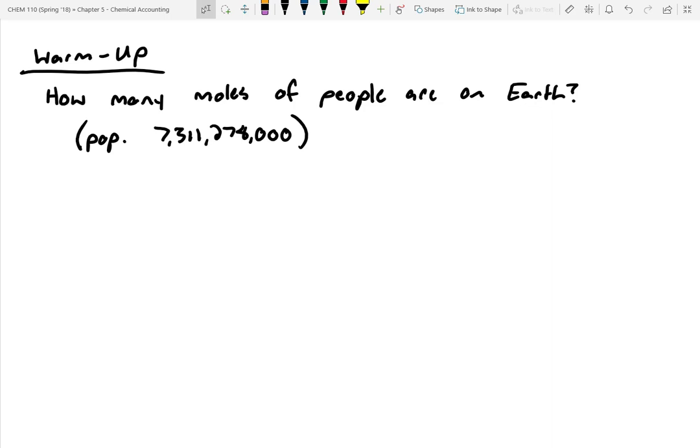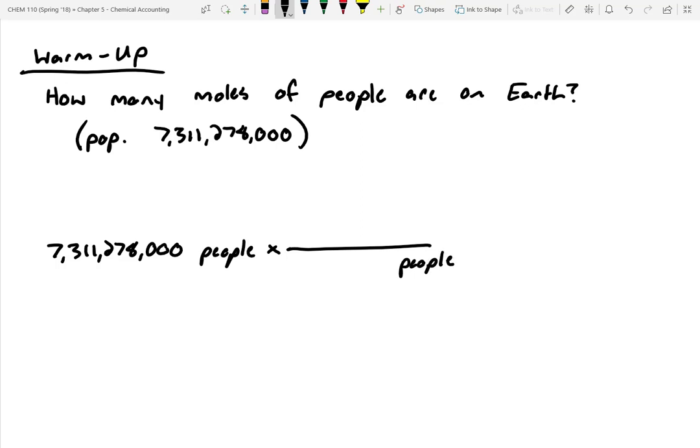Let's try it. So anytime you're doing unit conversions, you always start out with what you know, right? So we know the population is 7,311,278,000 people on Earth, and we want to get rid of people. So I'll put people on the bottom. And we want 1 mole on the top.